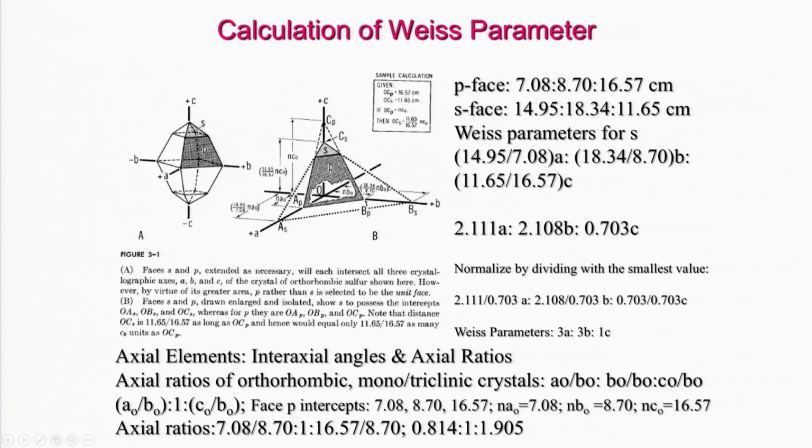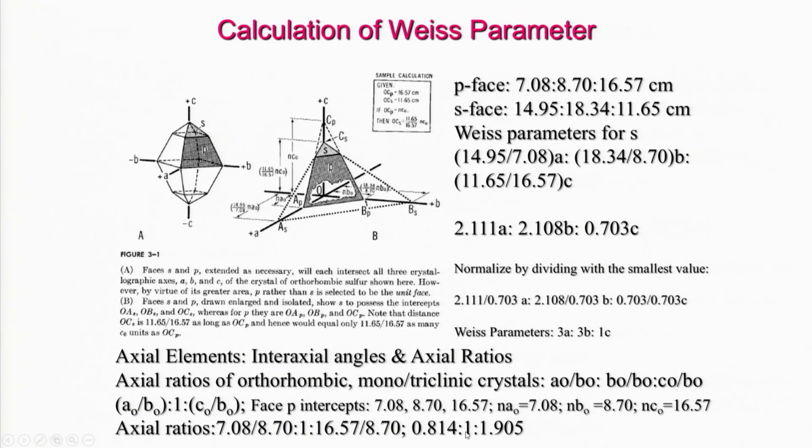In this particular case, if you talk about the phase P, and this is the unit cell length, you have 8.70 as the B crystallographic intercept. You divide by this 8.70 and you get a value of 0.814 is to 1 is to 1.905. That means along the A and C directions you have a ratio which is not equal to 1.